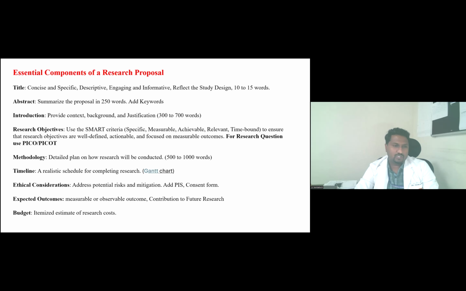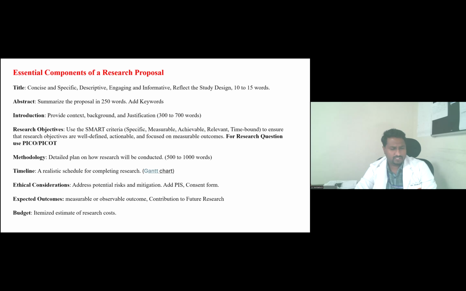That ensures that the research objectives are well defined, and we always use an actionable verb, for example, to assess, to find, to compare. The objectives start with an actionable verb. Then we also focus on measurable outcomes. As far as the research question is concerned, we use the PICO format, or PICOT. The PICOT framework is generally accepted for analytical studies.